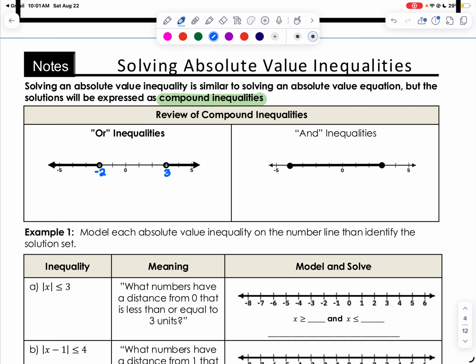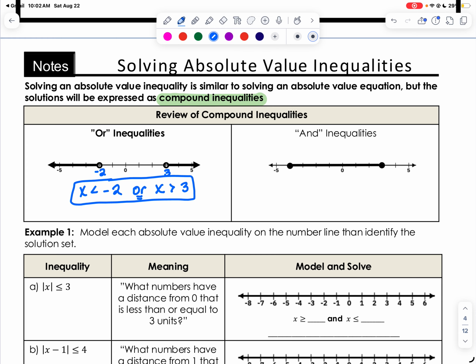So to express this with a compound inequality, we could say the set of all numbers, which we'll call x, is less than -2, or the set of all real numbers that are greater than 3. So writing an inequality for a graph of this type requires this "or" statement, right?